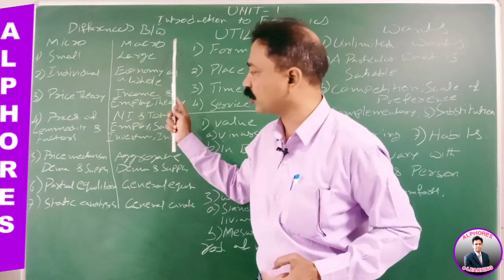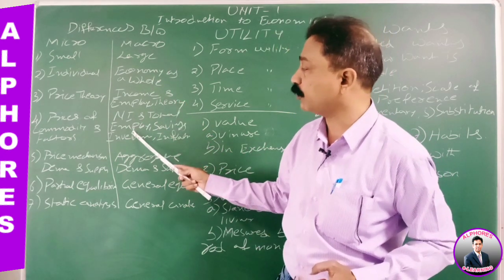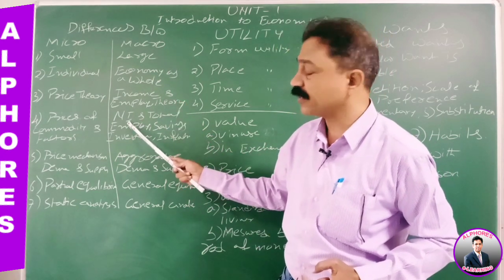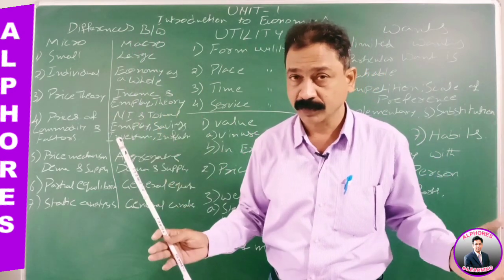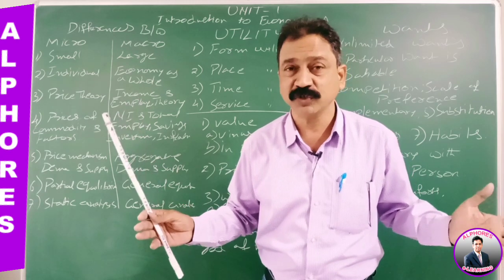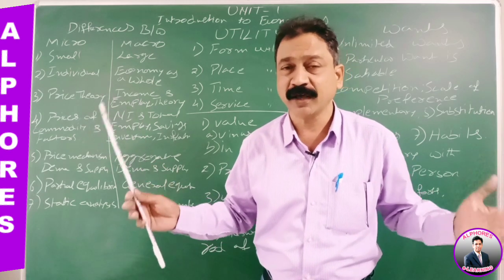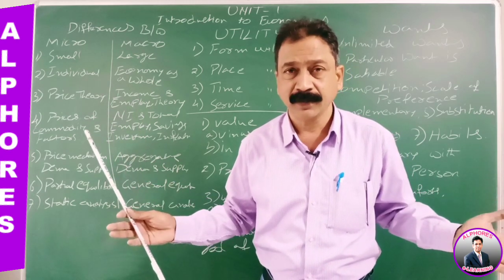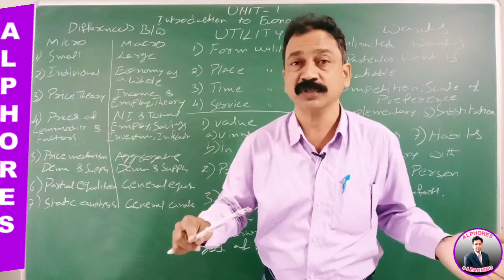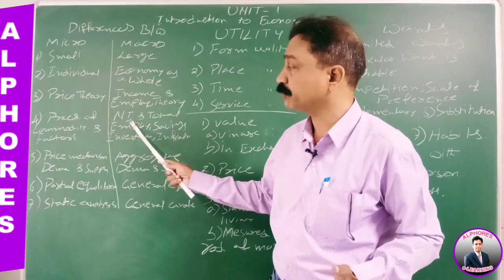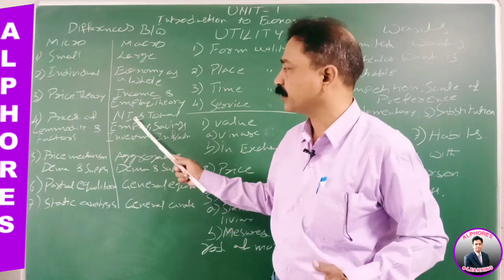Whereas macroeconomics discusses national income, the total value of all commodities produced in a particular period of time, that is, in a year. All their values put together become national income, meaning a larger quantity.